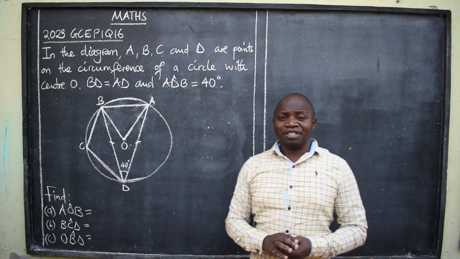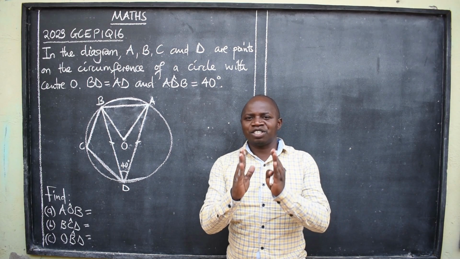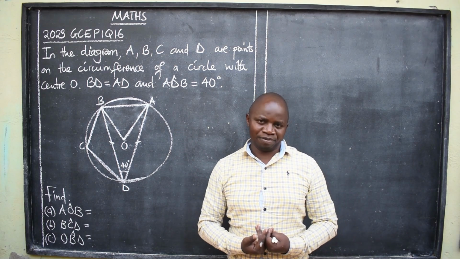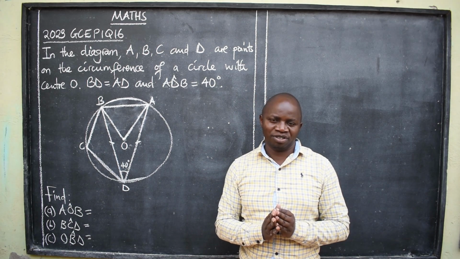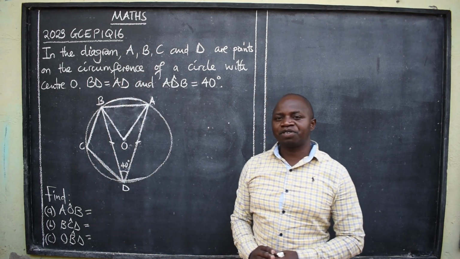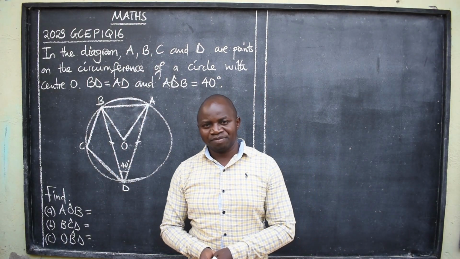Now, like I always tell you, my students, identify the topic from which the question is coming. In that case, you will never go wrong. Okay? This question is from a topic called circle theorem.